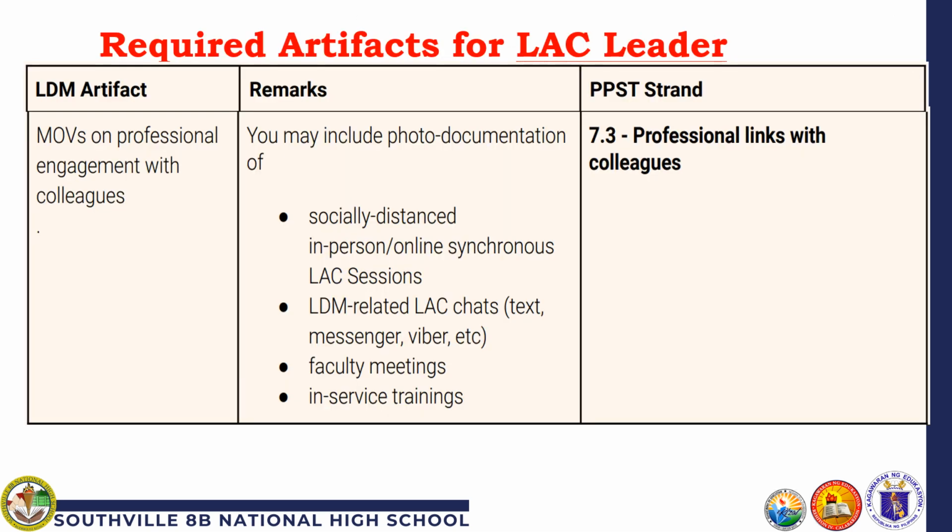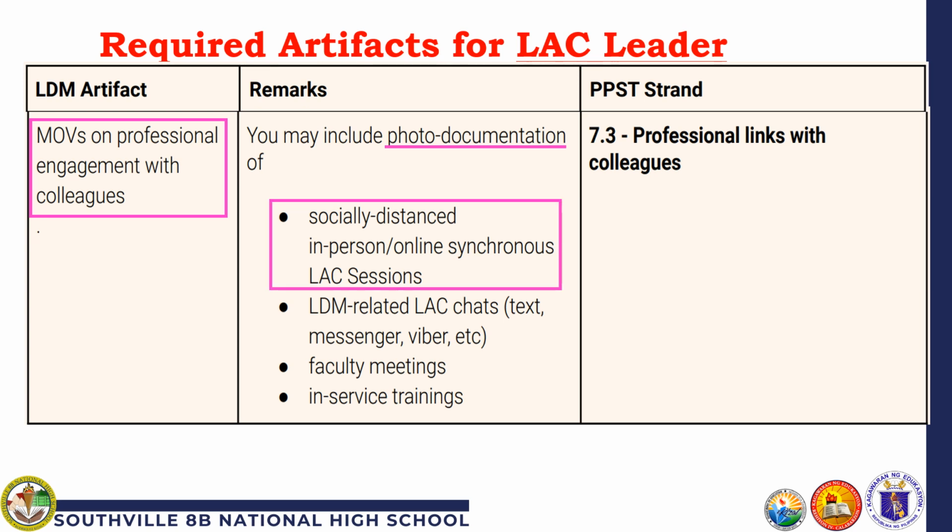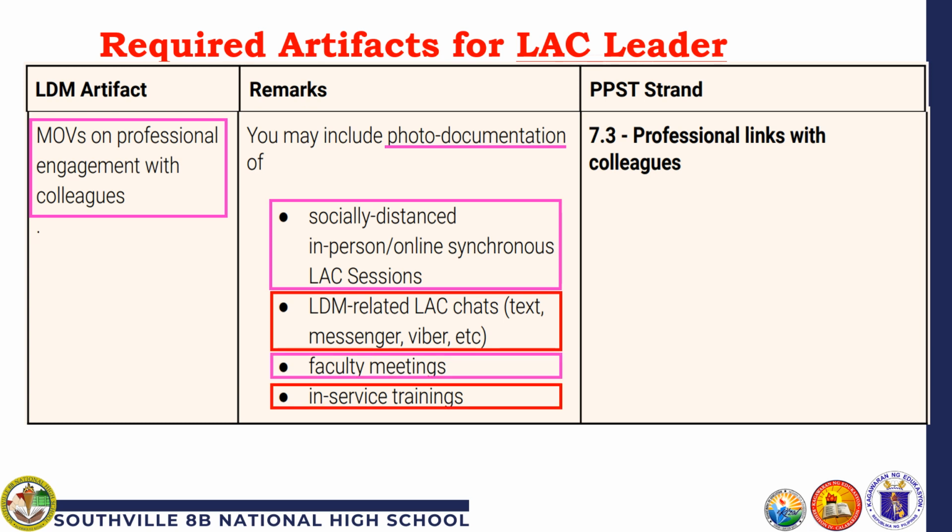The fifth LDM artifact is MOBs on professional engagement with colleagues. You may include photo documentation of online synchronous LAC sessions, LDM-related LAC chats, faculty meetings, and in-service trainings. For our PPST strand, 7.3, Professional Links with Colleagues.